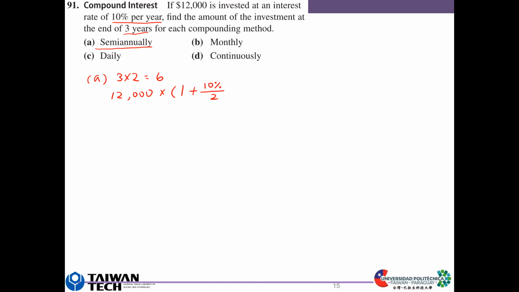Because 1 year is 10%, half a year is 10% divided by 2. And it compounds 6 times, so to the power of 6, because 3 times 2 equals 6. And the answer is, you need calculators for this.